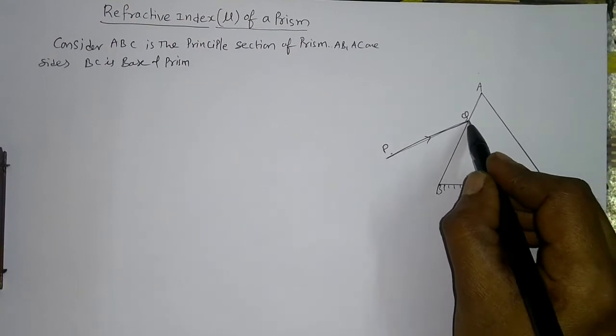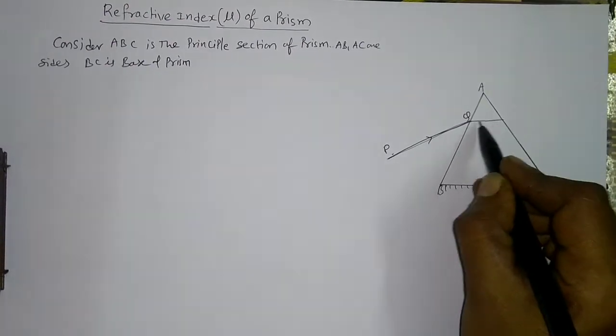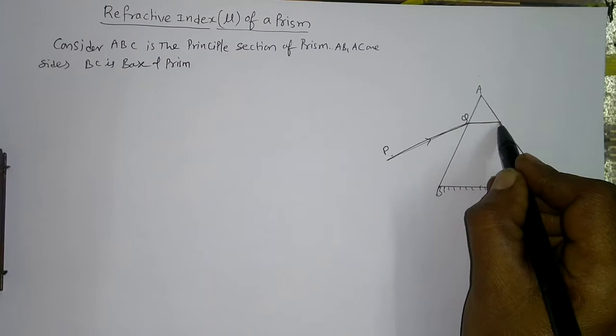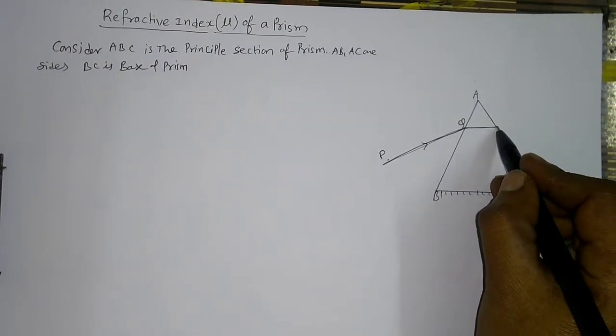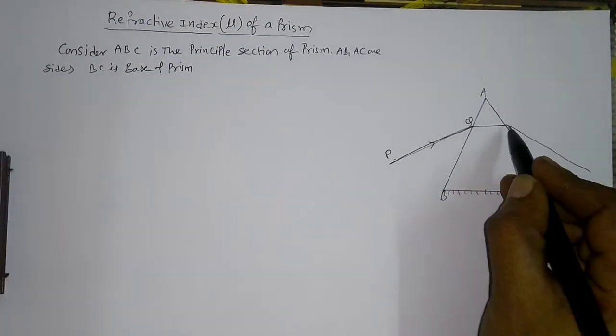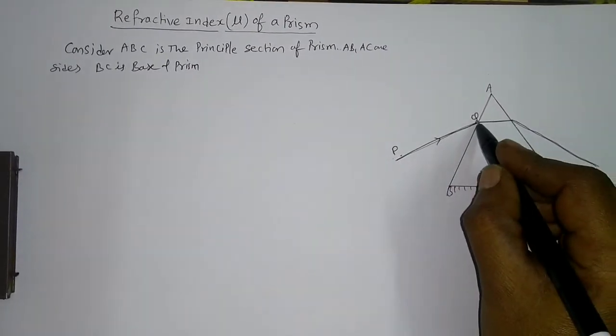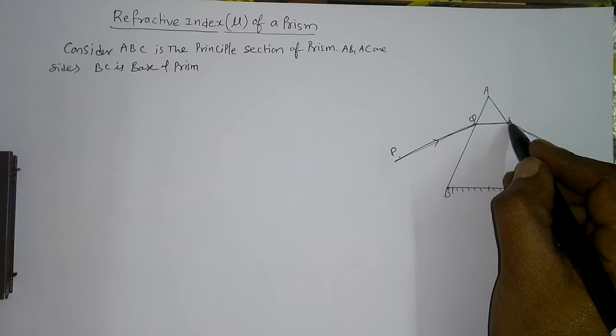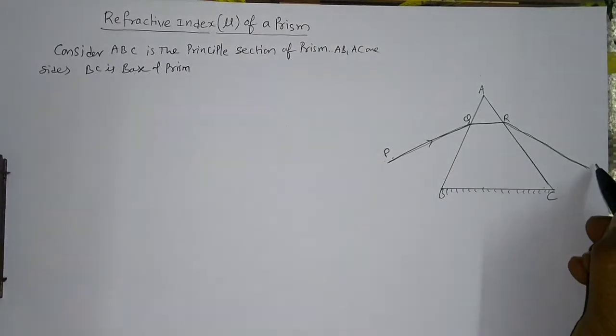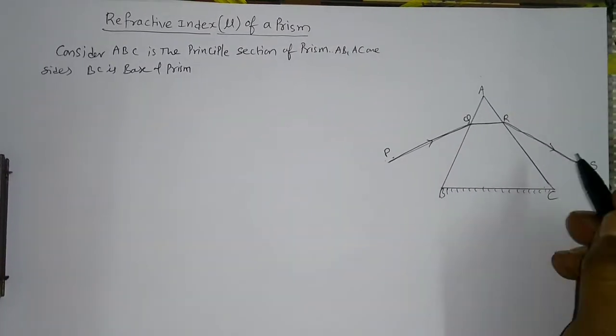It will be refracted into the prism. That means it will pass through the prism and emerge in this direction. So PQ is the incident ray, QR is the refracted ray, RS is the emergent ray.